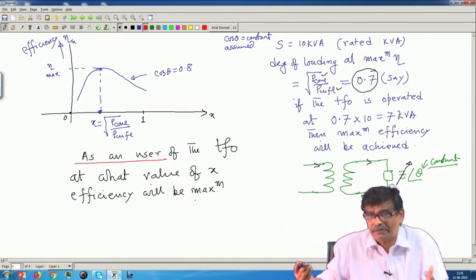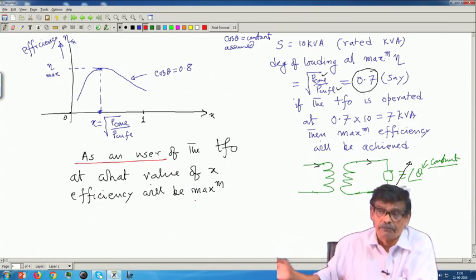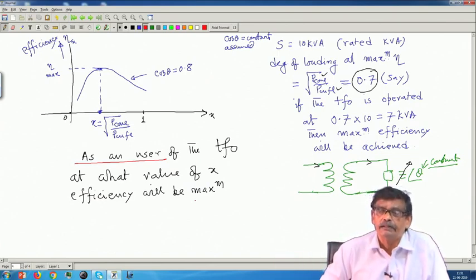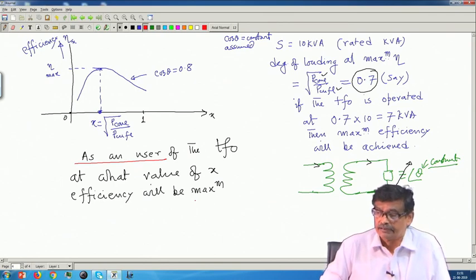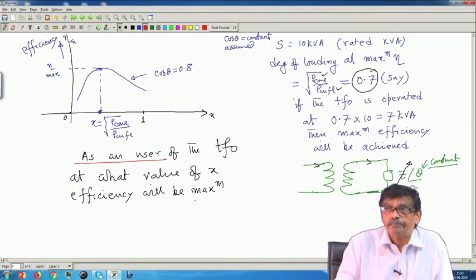Certainly, it will not be greater than x equal to 1.2 or 1.5 continuous running, and this is the point I will discuss in the next class. I hope you have understood this. Thank you.